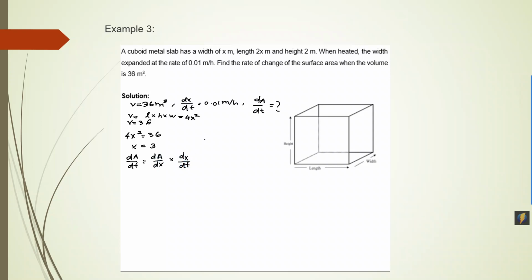Okay, so we need to find the surface area for the cuboid. So surface area A equals, the front part is all for the surface. You all must calculate the surface area for the cuboid.